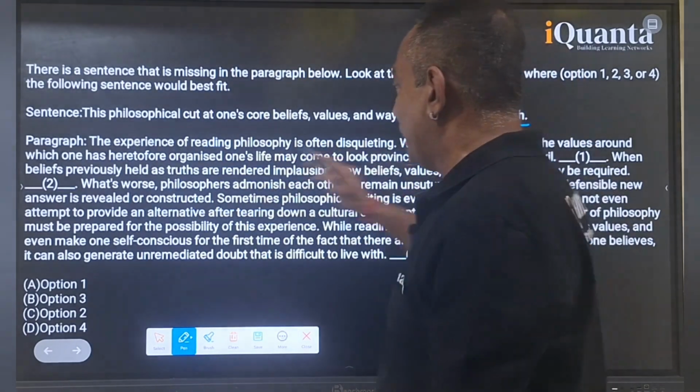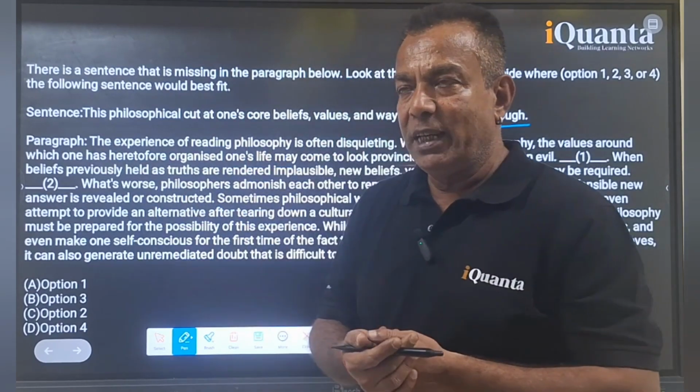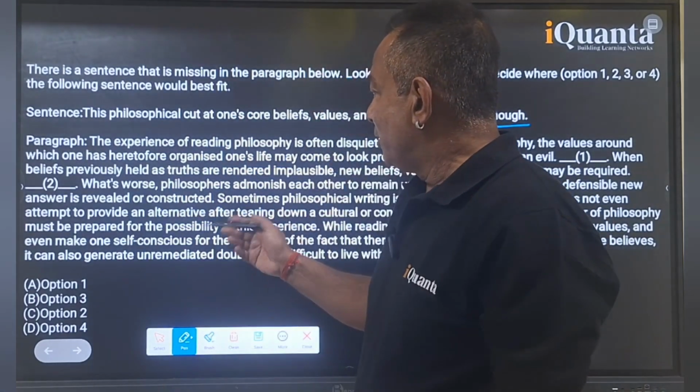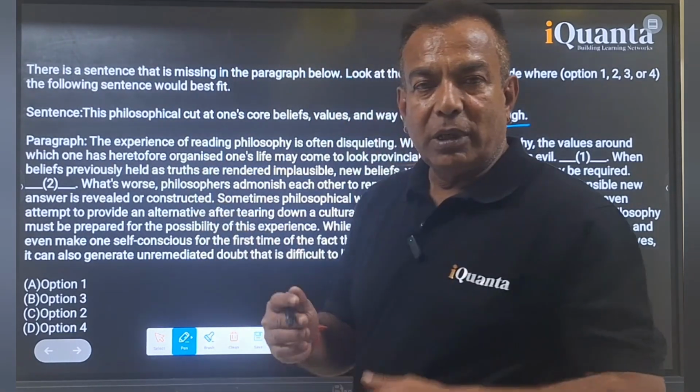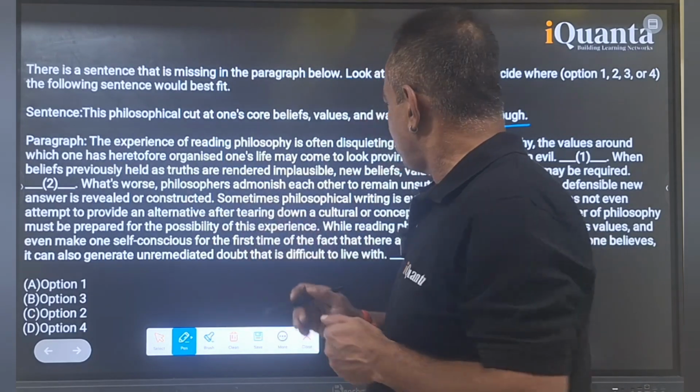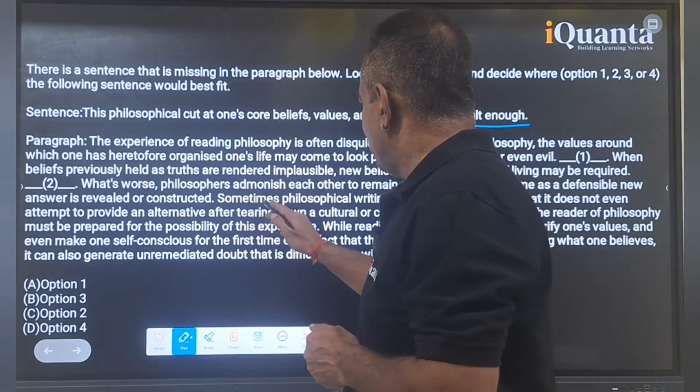Some defensible new answer, basically. The answer that defends the philosophy is revealed or constructed. So they just admonish each other. Admonish means warn each other.